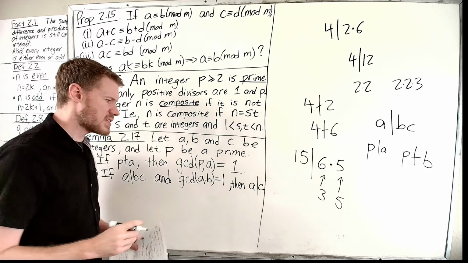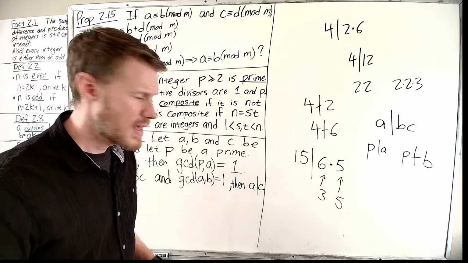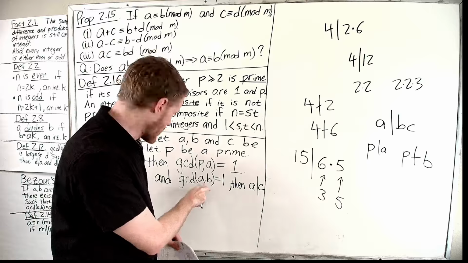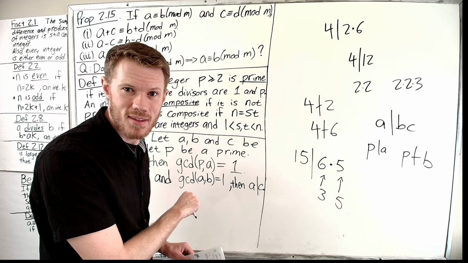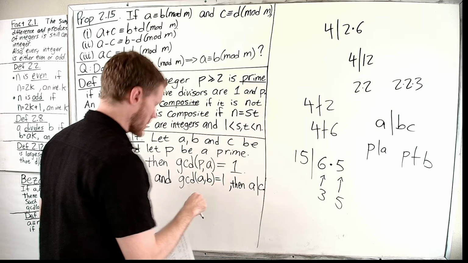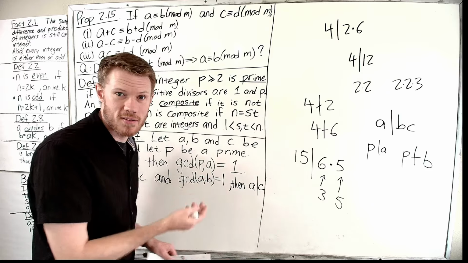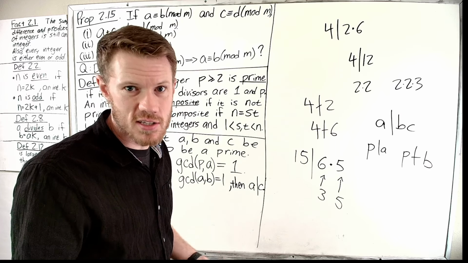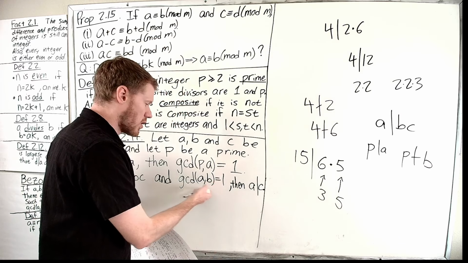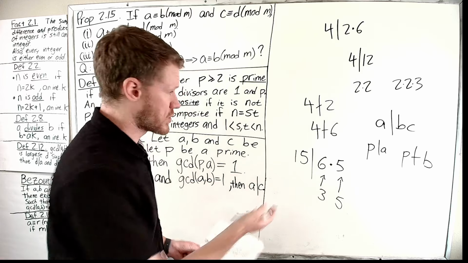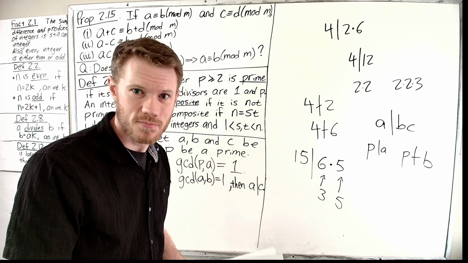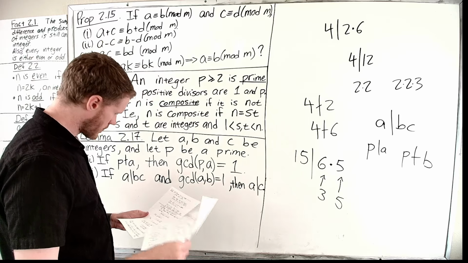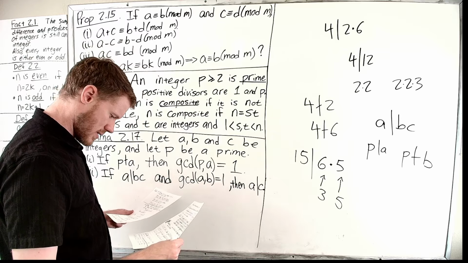The only way the GCD is larger than 1 is if you have a prime that's dividing both of them. So if there's no primes that are dividing both of them, then the largest thing is 1, right? 1 definitely divides A and B. So the GCD is always at least 1, but in order for it to be larger than 1, you'd have to have a common prime, which we're sort of insisting that we don't. Does this make sense?